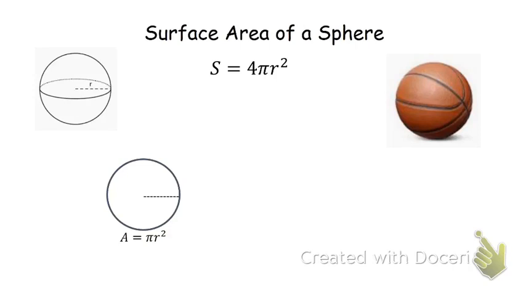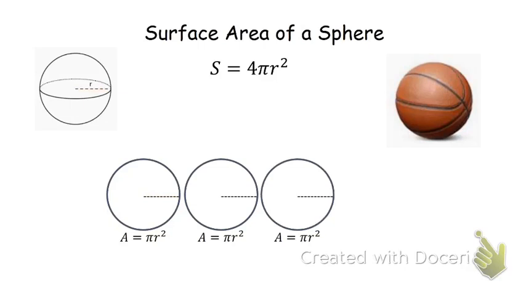What does that mean? Well, that means, oddly enough, if this circle has the same radius as this sphere, and I draw a flat circle, and I draw 4 of them, 3, 4, okay?